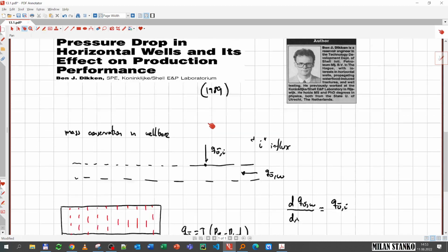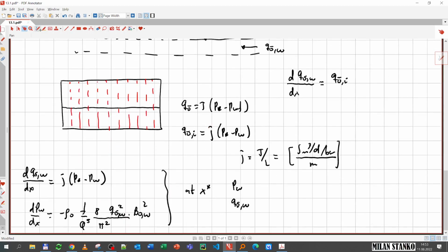So strategically at x equals 0, this is going to be 0, and that pressure, well, I don't know what value it will have, but I will simply say it's an assumed value. I'm going to assume a number, and then it should be, of course, less than reservoir pressure, and then I solve it and see how it gives. So that's essentially what I'm going to do.